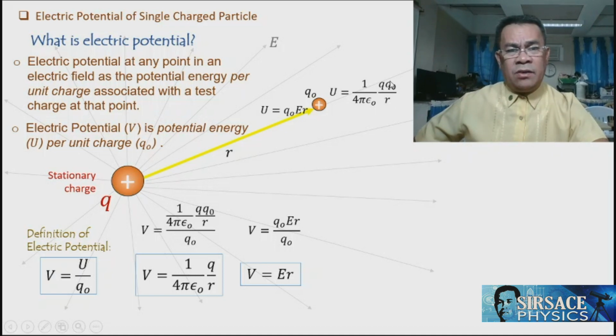Okay? And notice also that therefore you cannot calculate the energy without the moving charge. But the electric potential does not require the magnitude of the moving charge.